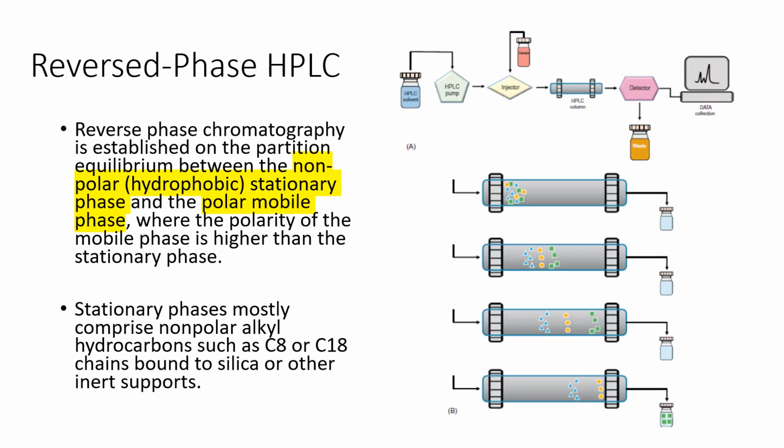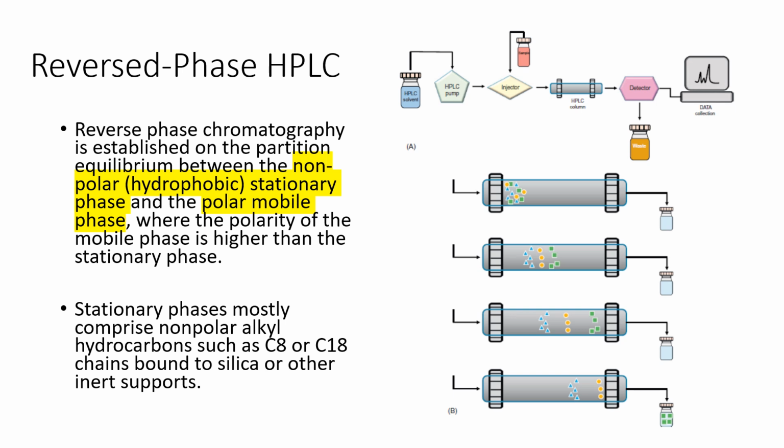HPLC by using the same principle. Reverse phase HPLC basically is established on the partition equilibrium between the nonpolar hydrophobic stationary phase and the polar mobile phase, where the polarity of the mobile phase is higher than the stationary phase. And the stationary phase mostly comprises nonpolar alkyl hydrocarbons such as C8 or C18 chain bound to the silica or other inert supports.